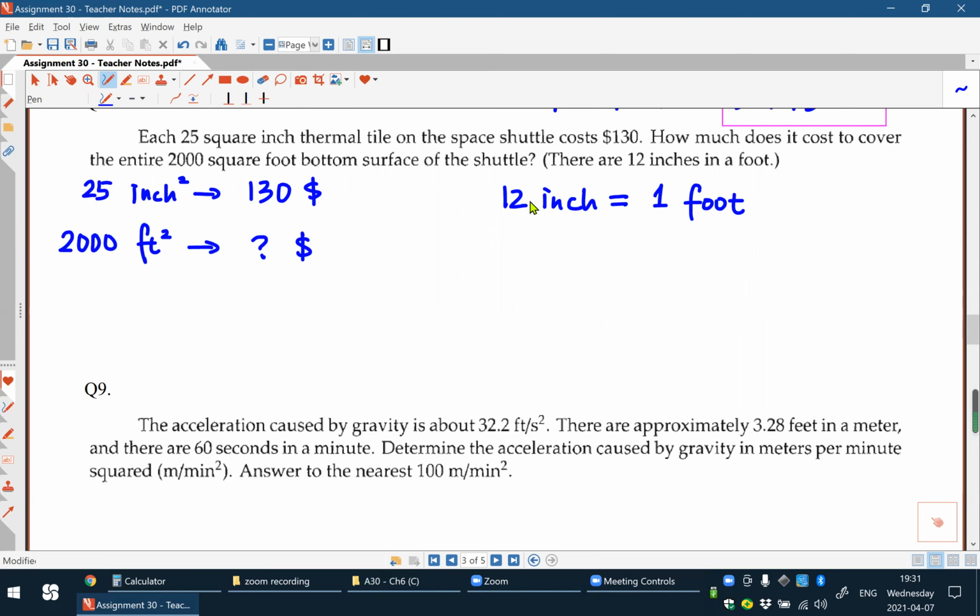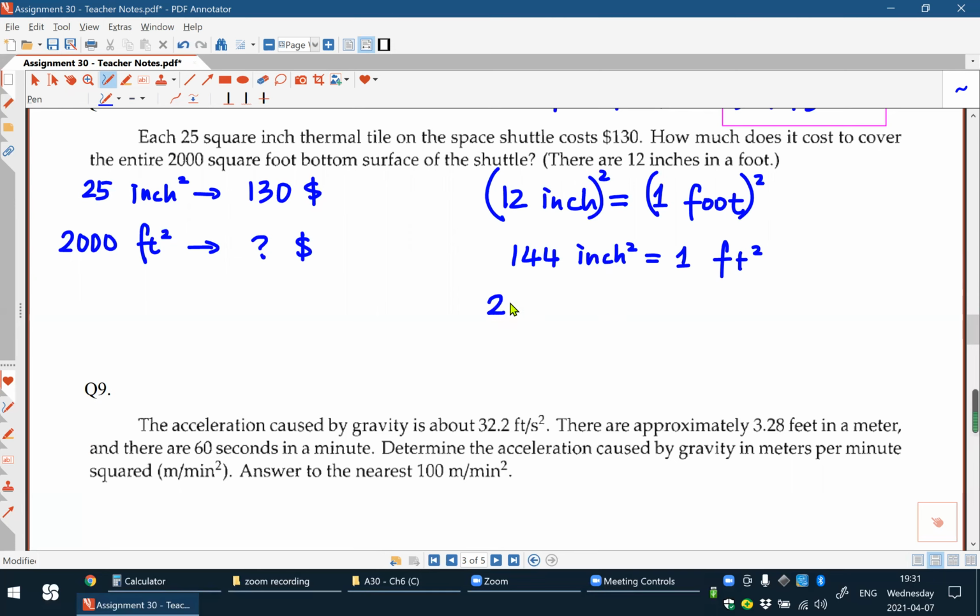So note that we need to square both sides of this equation to get the conversion ratio from square inches to square feet, right? So that means 144, because 12 squared is 144, right? 144 square inches equals 1 square foot.